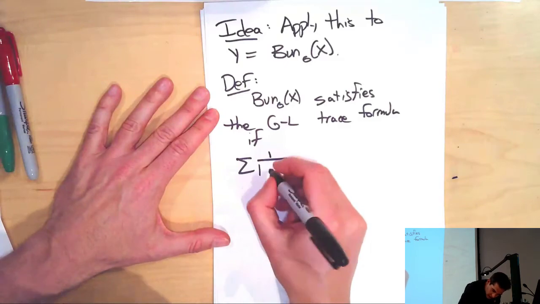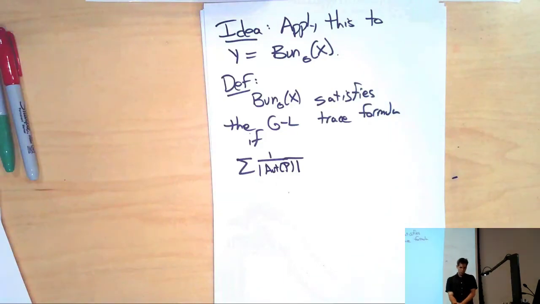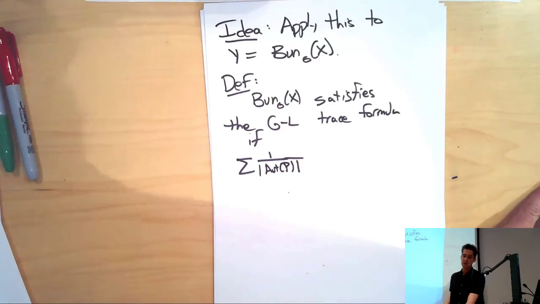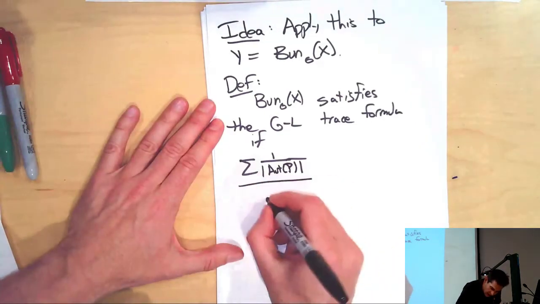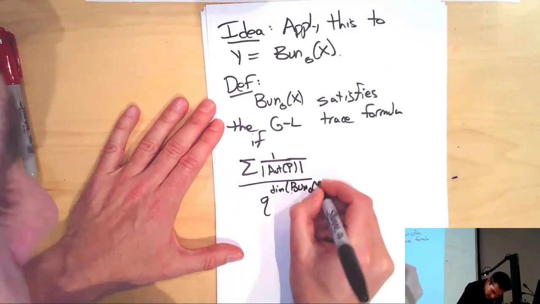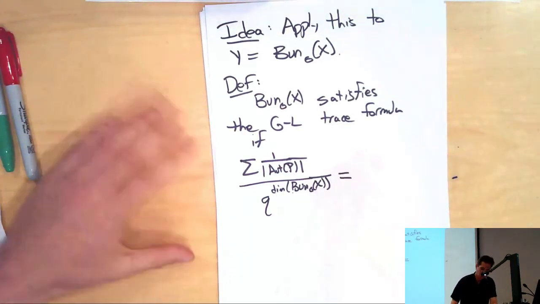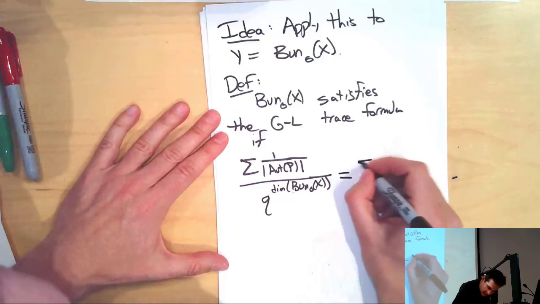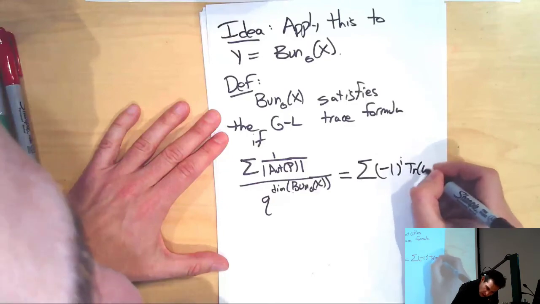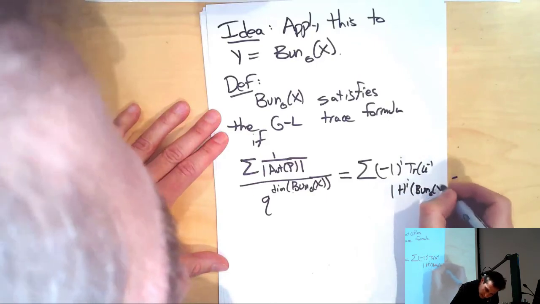So I should see a sum over all principal G-bundles of 1 over the size of that automorphism group. And if I'm writing the analog of this Poincaré dual form of the Grothendieck-Lefschetz trace formula, I should then divide that by q to the dimension of Bun_G(X). And the Grothendieck-Lefschetz trace formula would say that this should be the alternating sum of the trace of the inverse Frobenius on the ith cohomology of Bun_G(X).